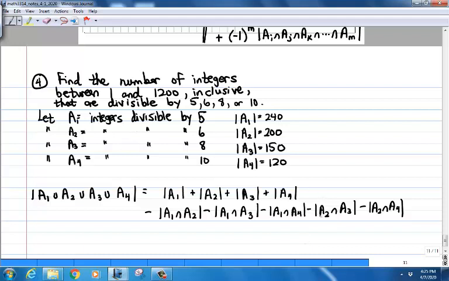A3 with A4 is the last one. So subtract off those pairwise intersections, but make sure you have accounted for every pair.